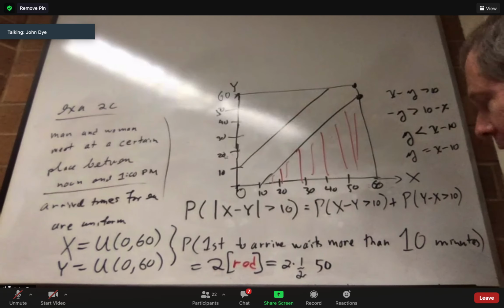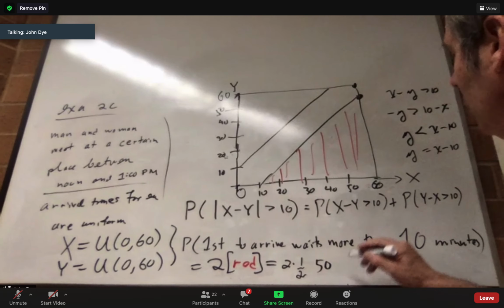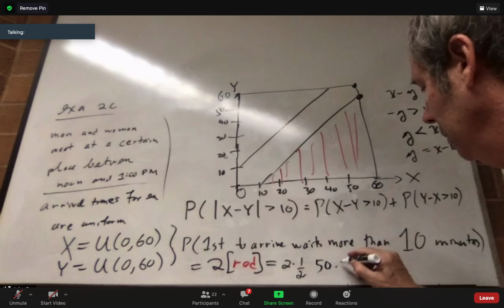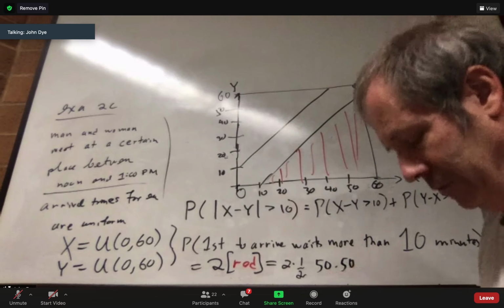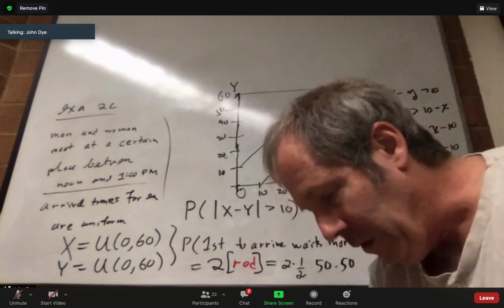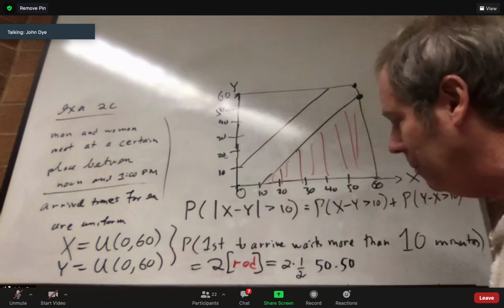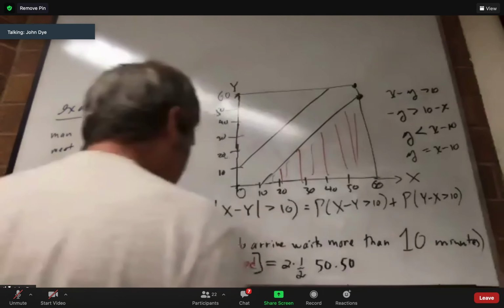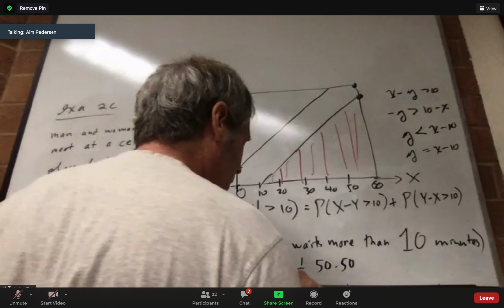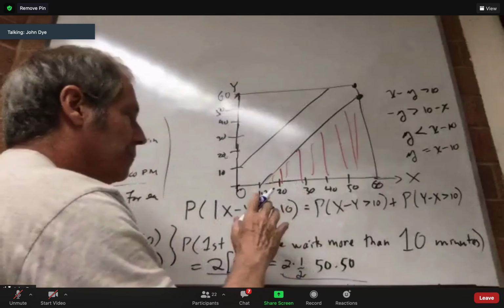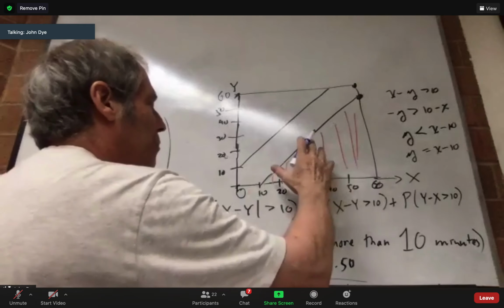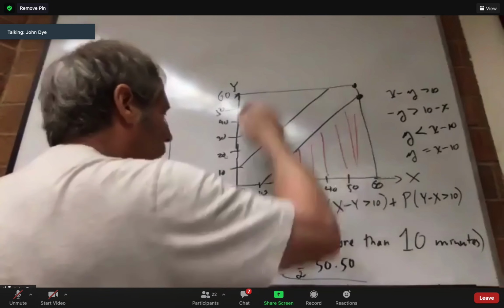Okay, so let's see if we even get the right answer. There are answers in the book. So what's the height of this? I've made a mistake already because this is a probability, I need to divide by what? 60 times 60? Well, no, I want to know the proportion, so I have to divide by the whole area here.